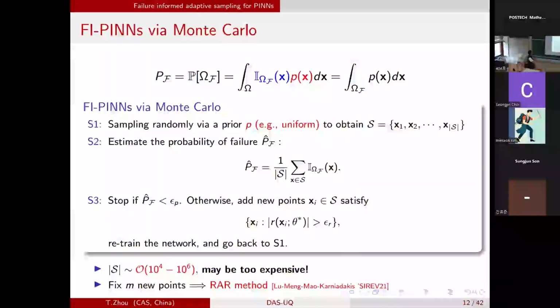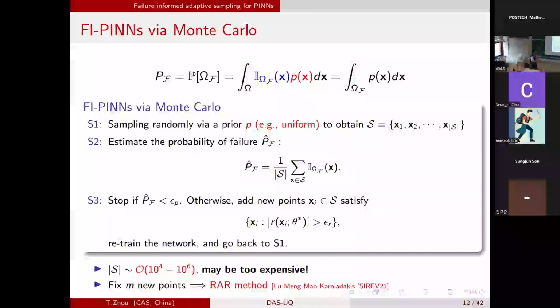You can still generate a lot of points uniformly in the domain, and for each point, you can compute the residue, because in the current step, you have some information for the residue. You have trained the neural network, you get an approximate residue. And based on that residue, you can see which point is large, and then you add the largest points into the former training set. This is straightforward.